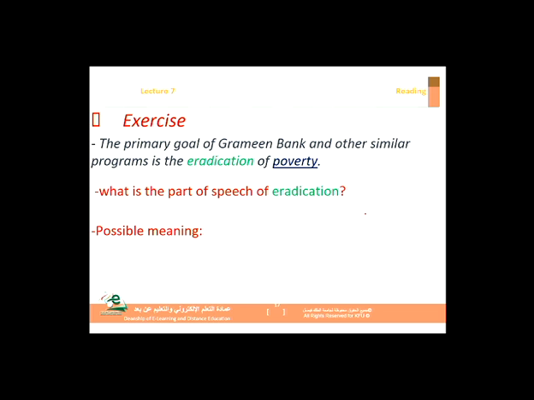The eradication. Here's what I found on the web for eradication of poverty. This is the word we are looking for. So the primary goal of Grameen Bank and other similar programs is the eradication of poverty.